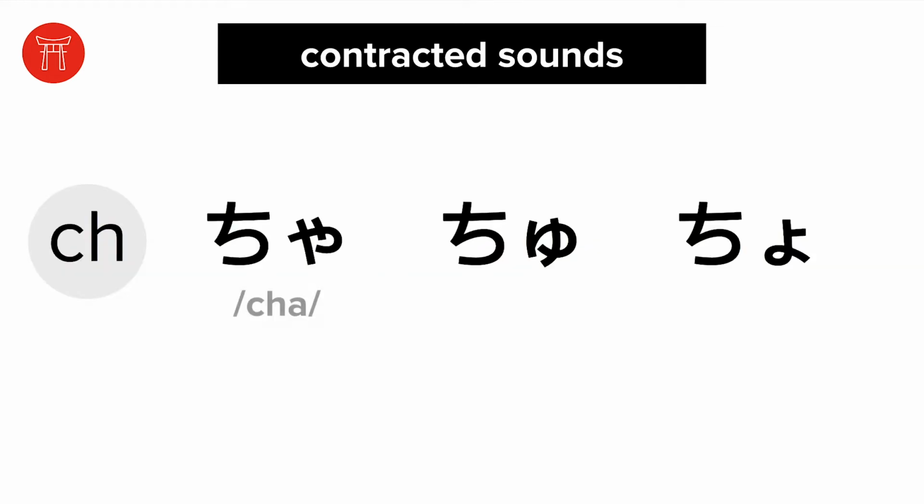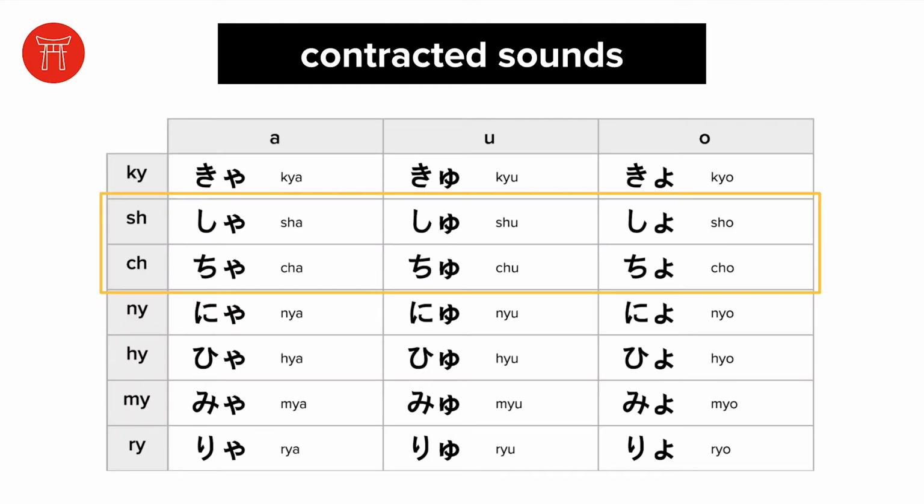The first one is cha, just like cha in chai tea. Let's try the whole row. Cha, chu, cho. Notice that in Romaji, we transcribe sha, shu, sho with sh and cha, chu, cho with ch instead of adding an extra y.